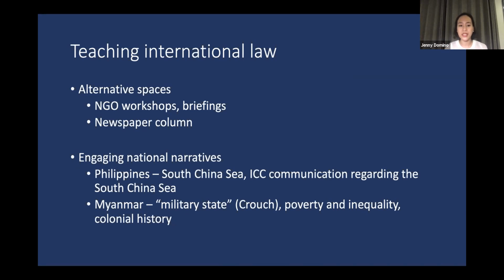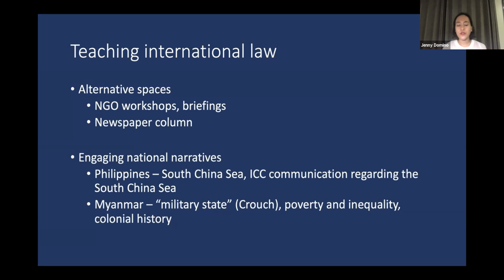There are a lot of debates about that, and people who don't support human rights actually use the narrative of colonialism to argue that international proceedings are an indication of Western bias.